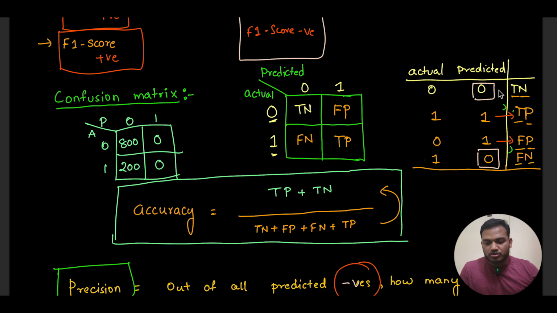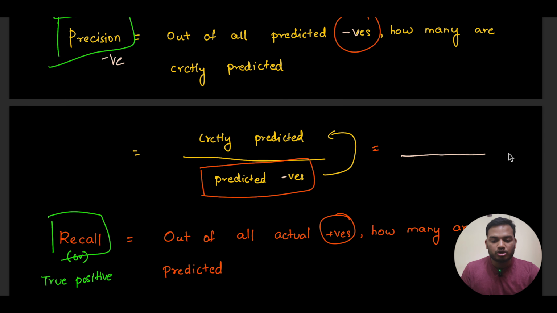So if you observe, the true negative signifies predicted negatives, and the false negative also signifies predicted negatives. So in the denominator we'll have true negative plus false negative for precision negative. And out of these, how many are correctly predicted points, TN or FN? TN are the correctly classified points, right? So in the numerator we'll have TN.